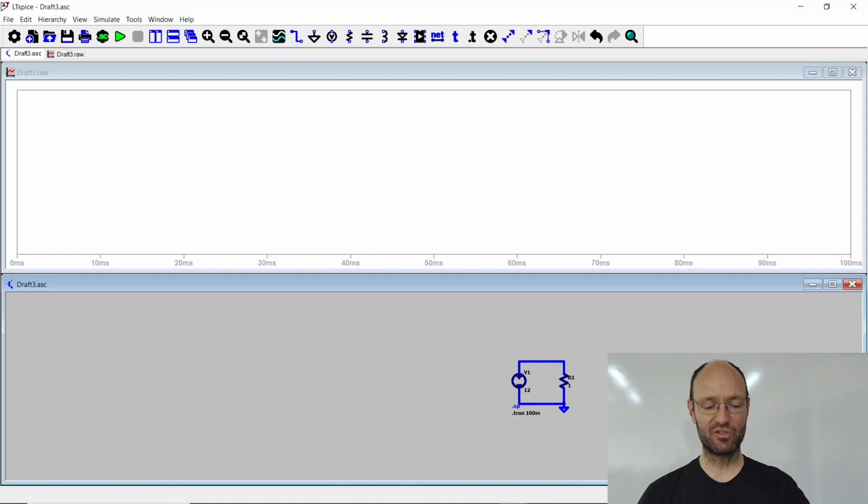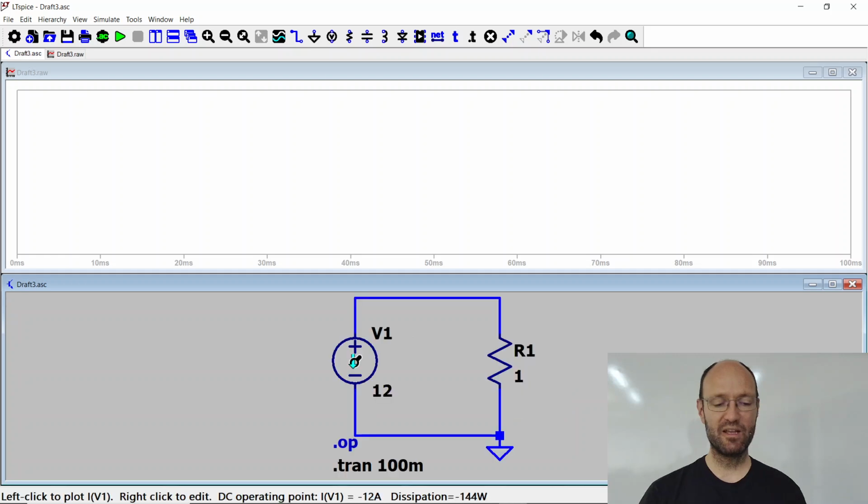Okay, so if we run the simulation in this transient mode, now something interesting happens. If you hover the mouse over your circuit, now you see if we are above some element, the mouse turns into a small current probe. Remember the current probe that I had on Wednesday for my measurements? I think it must be somewhere here in the slides.